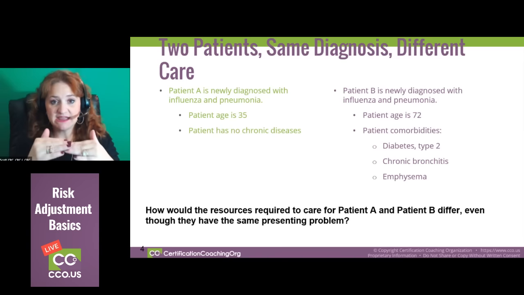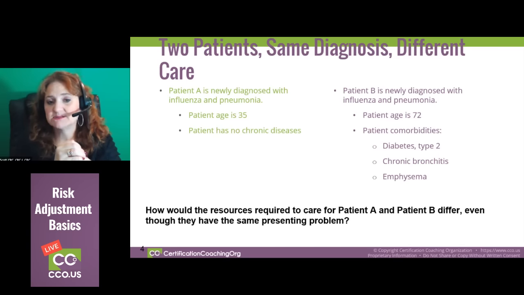Some of the main things to think about: what's the recovery time for patient A versus patient B? Definitely patient A we would expect to recover faster, right? Whereas with patient B, the first thing we know about diabetes is you don't heal well.